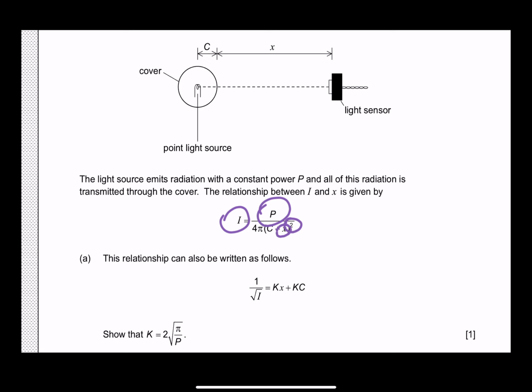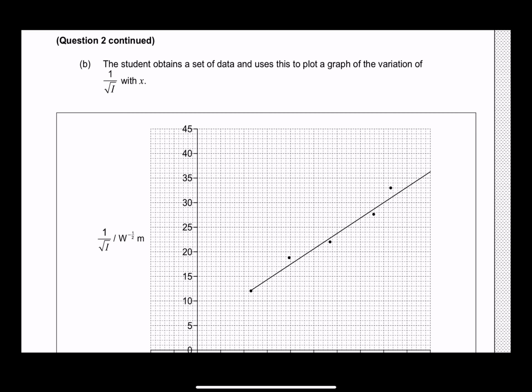And then when you do 1 over radical I, that's when you get rid of the x squared over here. This of course follows the inverse square relationship of the intensity of light with distance, but technically you don't need to know that in order to answer this question. Anyway, that's just enough of my little side notes. Let's actually get on with this question.